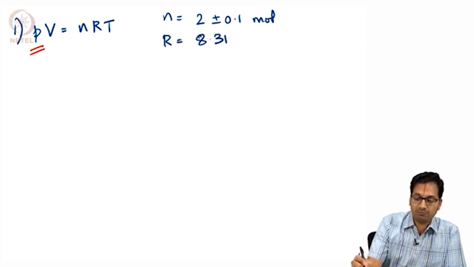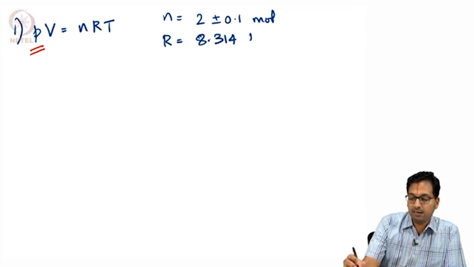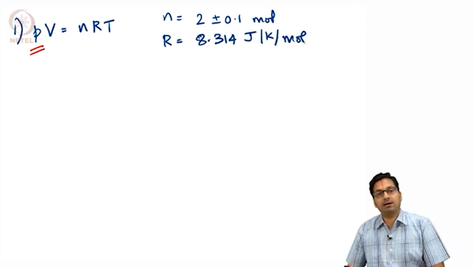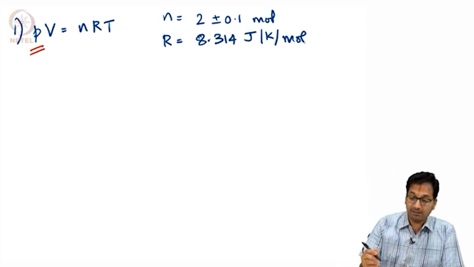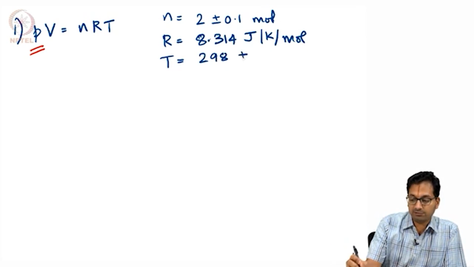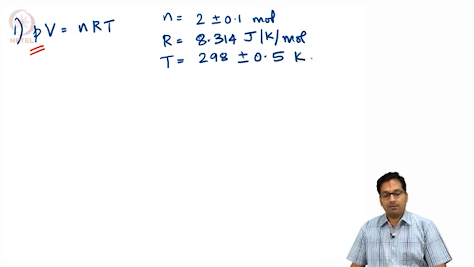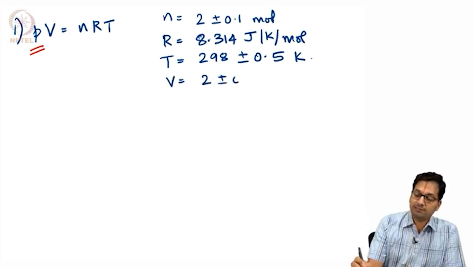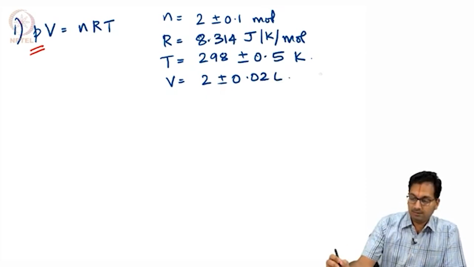Let us assume for now, just for the sake of understanding, that the universal gas constant is entirely accurate. Then let us say the temperature is at 298 Kelvin. Of course, there is an error that is also associated with it. Now, let us say for a volume of 2 plus minus 0.02 liters, what is the pressure?